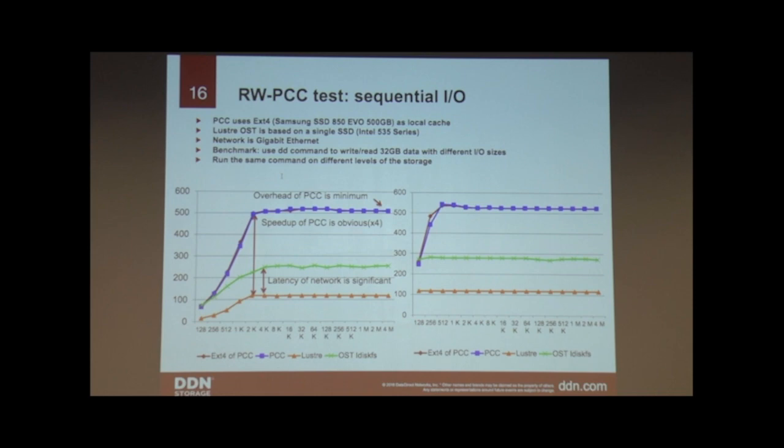So I think it is safe to say that the overhead of PCC is not huge. It's minimum overhead, and we can have the same conclusion for read and write for read-write PCC.